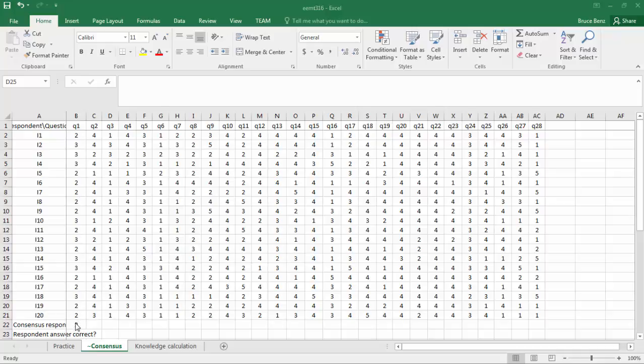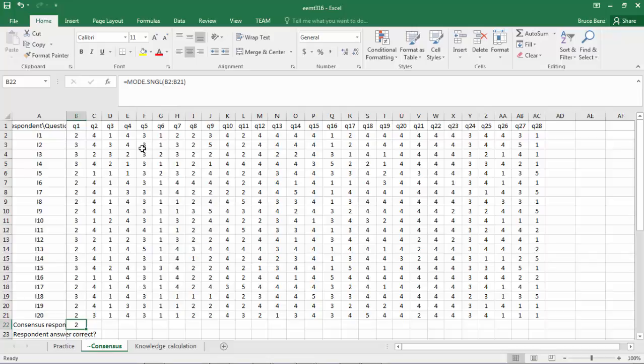The first thing we'll do is calculate the consensus response, or the modal response, which is the most frequent response. We do that simply by clicking on the cell at the bottom of the column for question 1, and we enter the formula equals MODE.SNGL, which is the single mode.